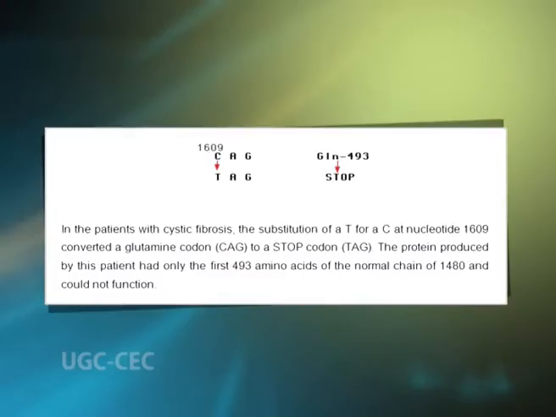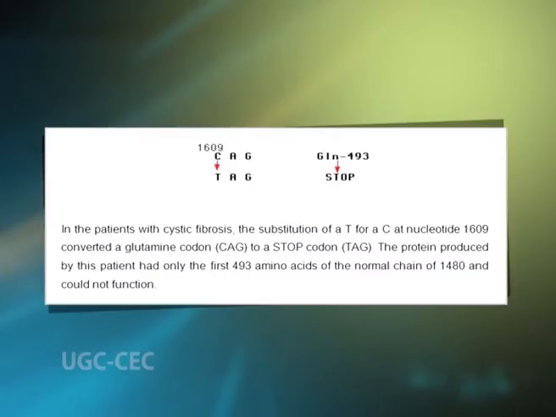The protein is responsible for transporting chloride and bicarbonate ions through the plasma membrane. The gene encompasses over 188,000 base pairs on chromosome 7, embedded in which are 27 exons encoding the protein. Here you can see a figure on the screen.